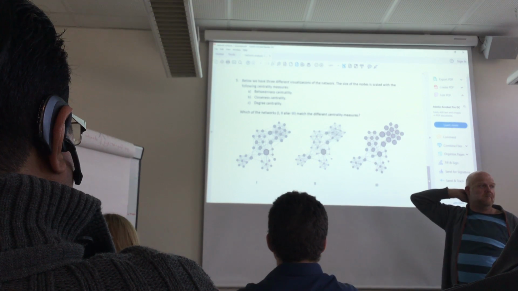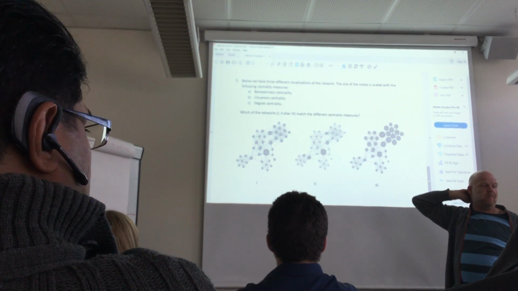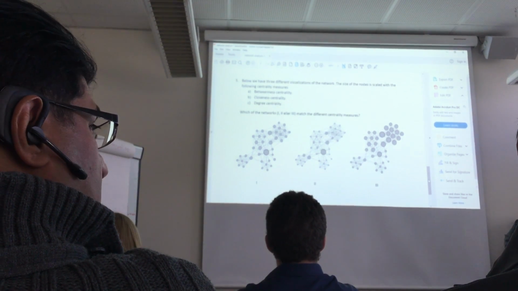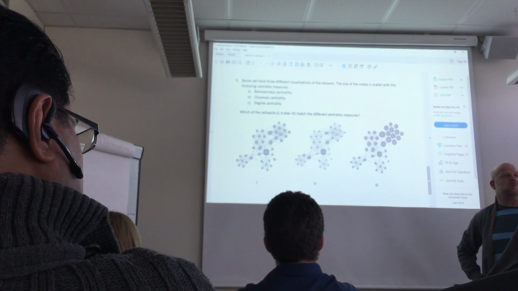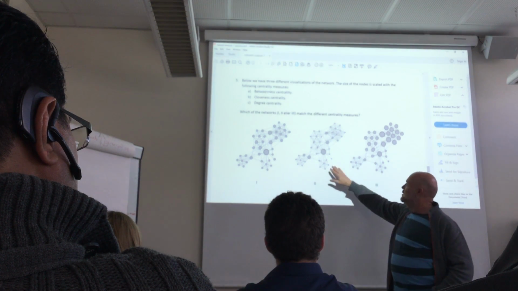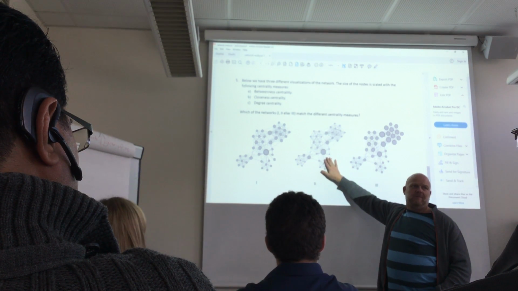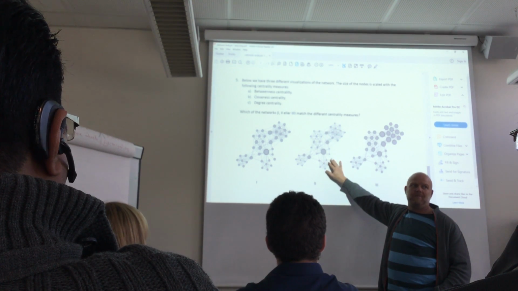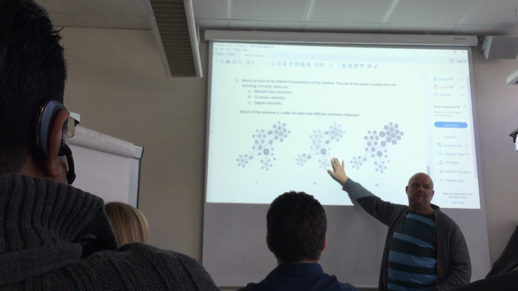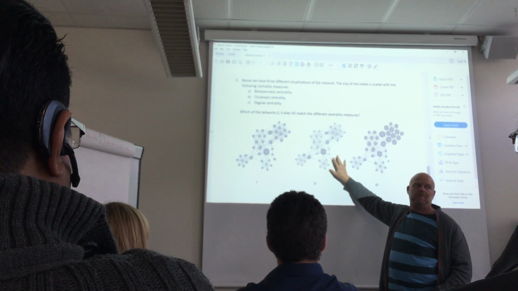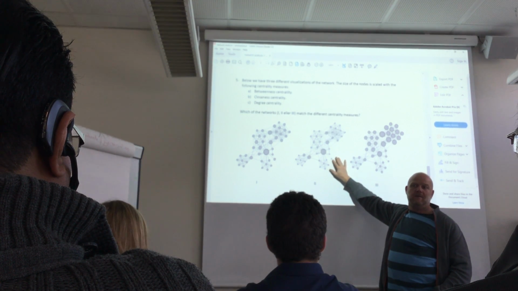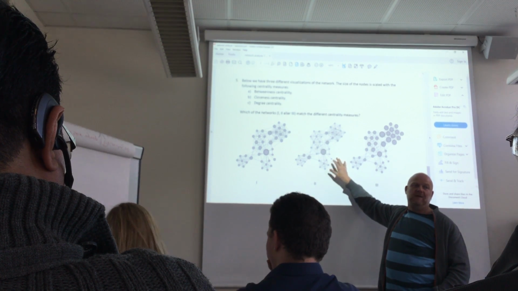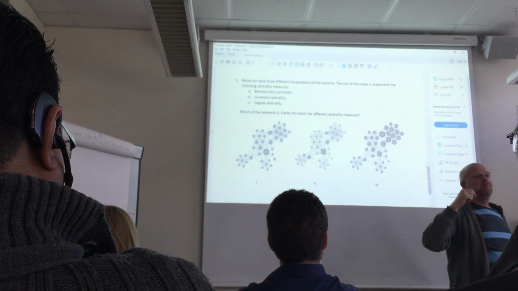Yeah, why? I agree on that. So why do you think that betweenness is number 2 here? What does the betweenness mean? So being between something is being on the shortest path between all nodes.